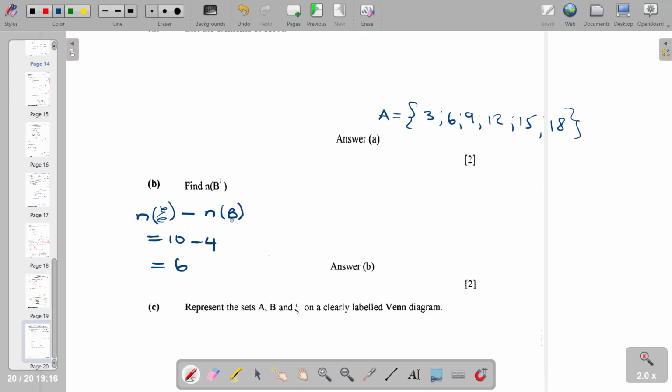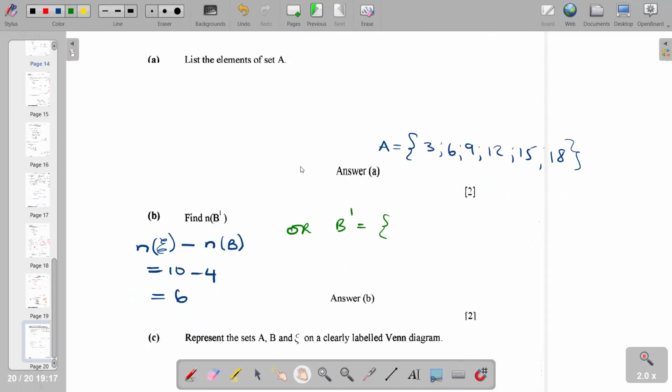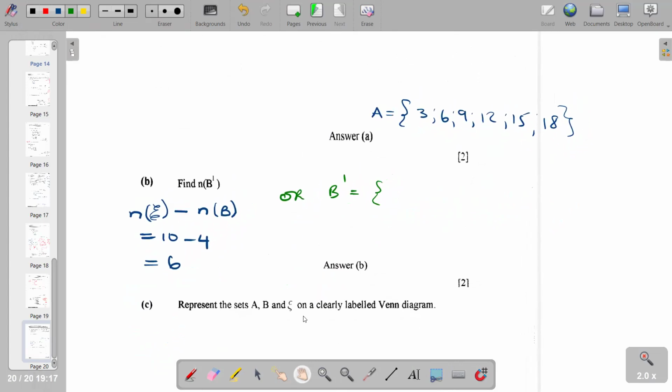Alternatively, because we know what's in B, we can just list the elements of B complement. That was the alternative method. It simply means what's not in B. And remember what is required on your B: it says those are factors of 30. So we are just listing those which are not factors of 30.